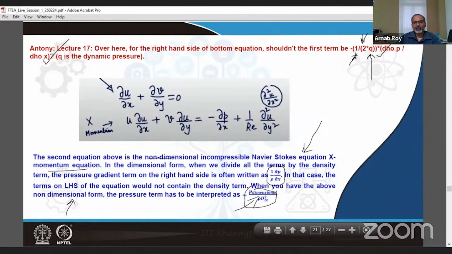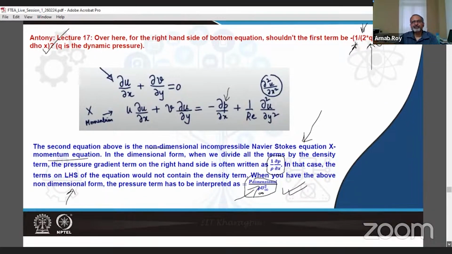So we keep it at that, and therefore this is essentially what represents the P over here. So this P obviously is the dimensional P divided by rho u infinity square. If you wish, you can associate a rho infinity u infinity square. So that's the clarification for that question.